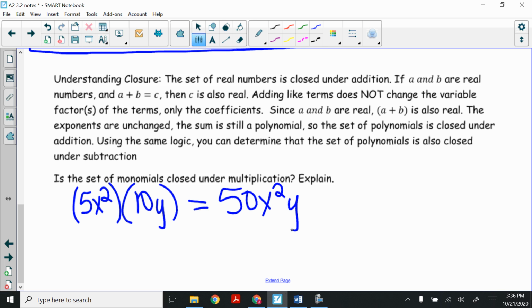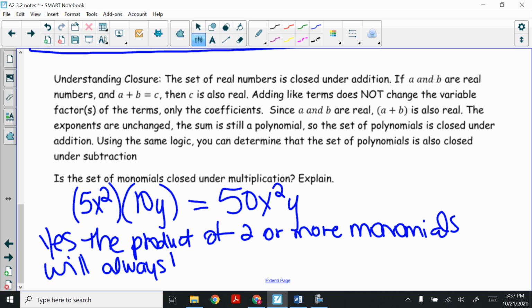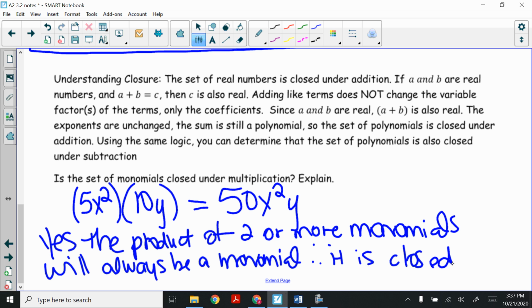I still just get a monomial. So yes, the product of two or more monomials will always be a monomial. Therefore, it is closed under multiplication.